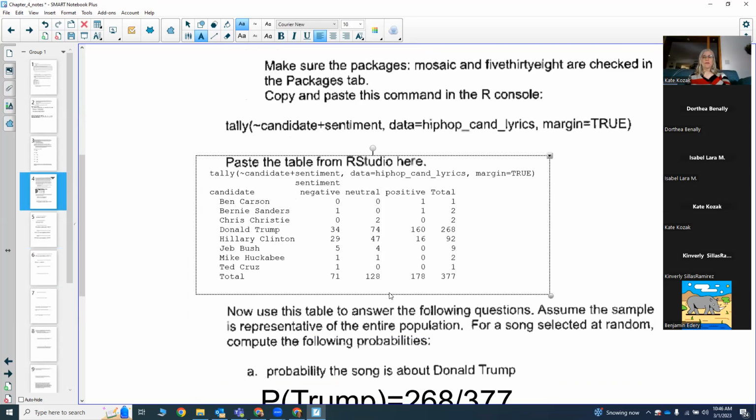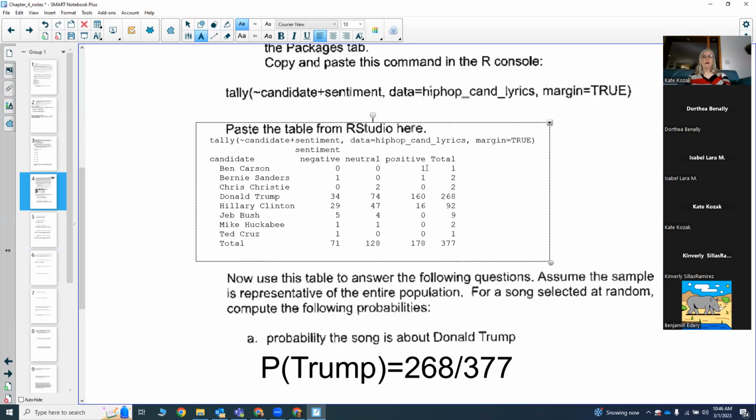So looking at this, there are positive songs. We have this 160, this 0, this 16, all these zeros. So there's 178 songs that were positive. For Ted Cruz, there was one song.